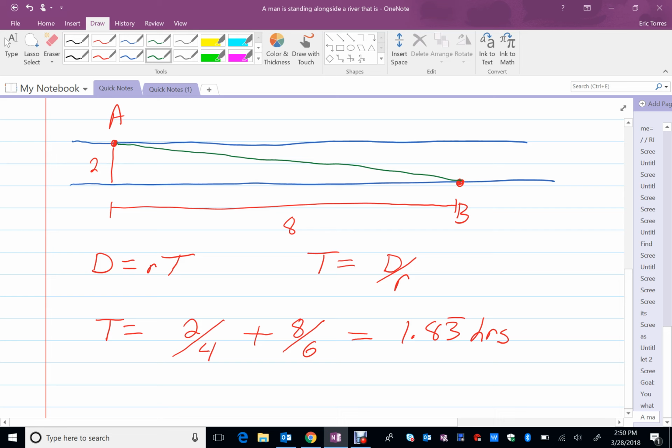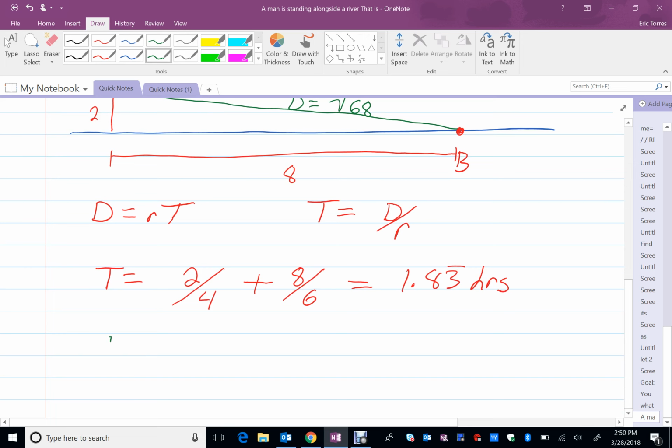Okay, so in this case, we just need to know the distance directly from point A to point B. Well, I've got a triangle here, and I've got Pythagorean's theorem, so this distance will equal the square root of 2 squared plus 8 squared. 8 squared is 64, 2 squared is 4, 4 plus 64 is 68. So that's the distance directly in miles from A to B, which is a little bit over 8 miles, so it's 8.2 miles approximately. But I'm going to leave it in my calculator exactly as that.